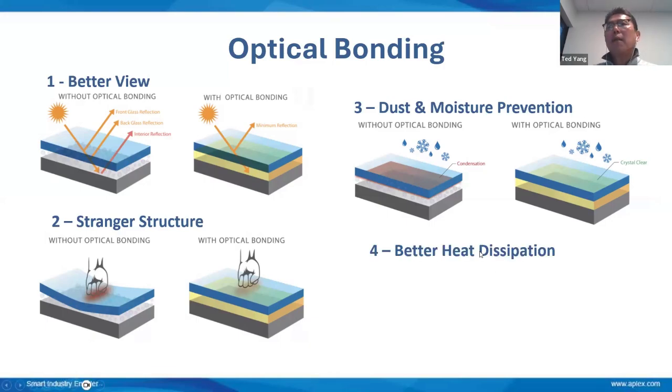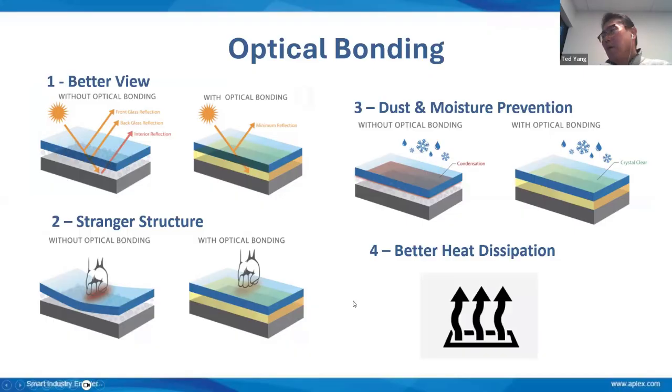And last but not least, it is better heat dissipation. When you are doing outdoor work, a lot of places are pretty hot. Although our systems are always rated for a working temperature from -20, I wish it would be -60, from -20 to 60 degrees Celsius.